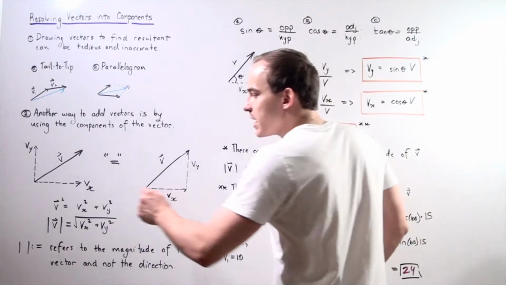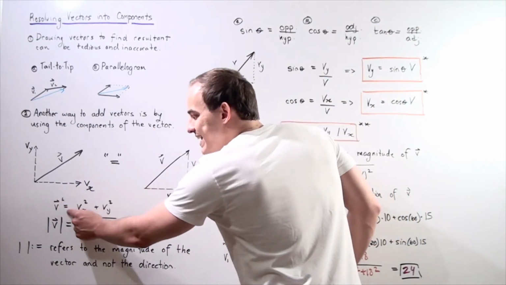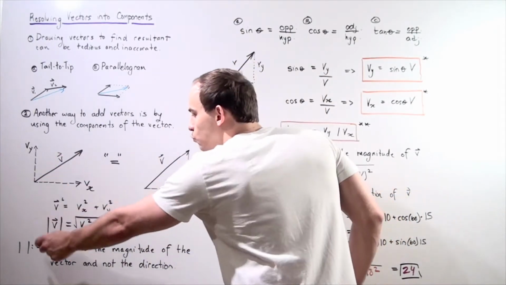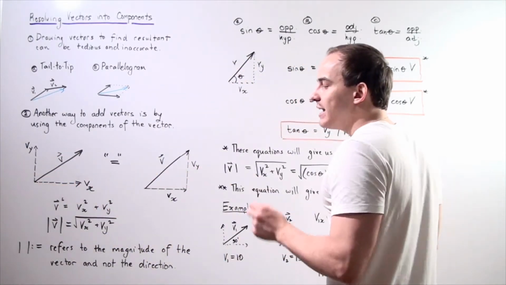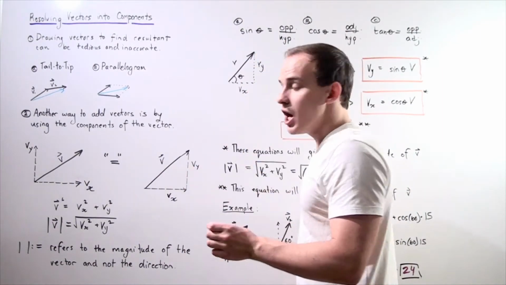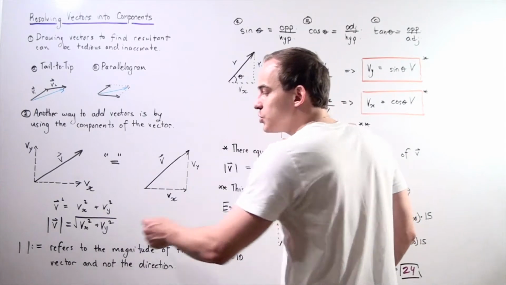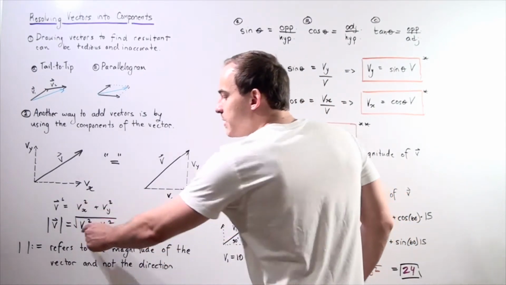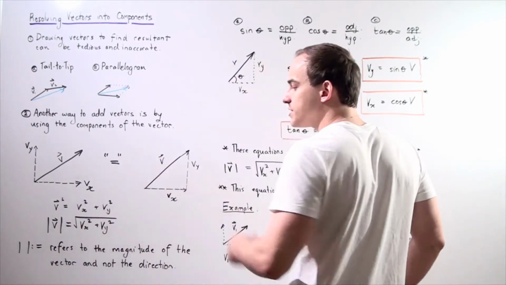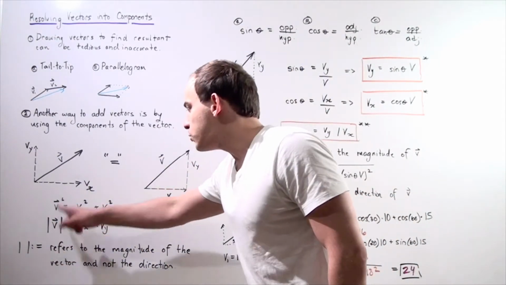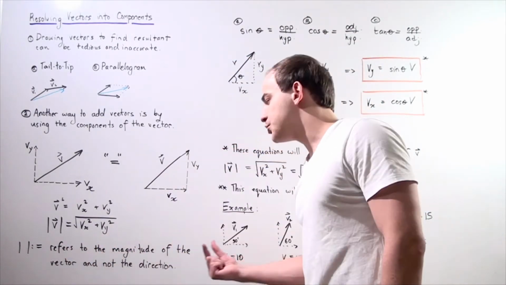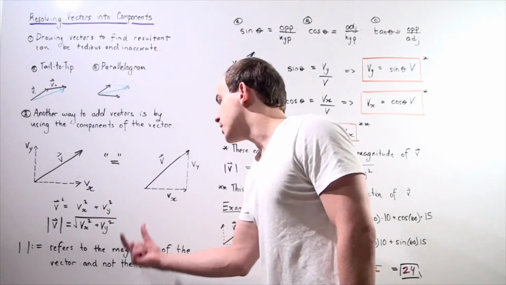In other words, v squared is equal to vx squared plus vy squared. So I take the radical of both sides and find that the absolute value, the magnitude of my v vector, is equal to the radical of vx squared plus vy squared. This absolute value simply refers to the magnitude of the vector and not the direction.